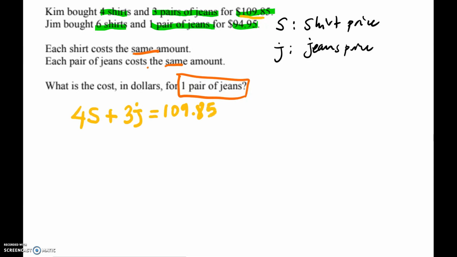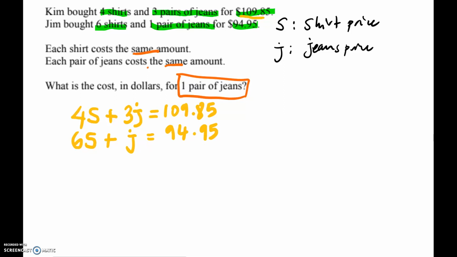Second equation: Jim bought 6 shirts. 6 shirts is 6 times S dollars. And 1 pair of jeans, only 1 J. 1 times J is itself, equals $94.95. This is my system that models this real world scenario.